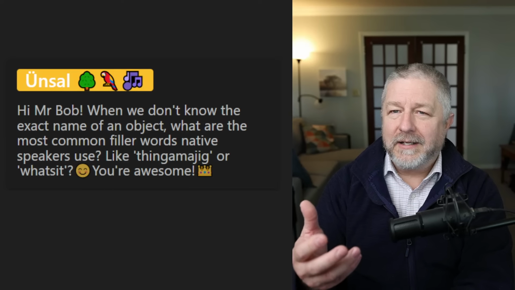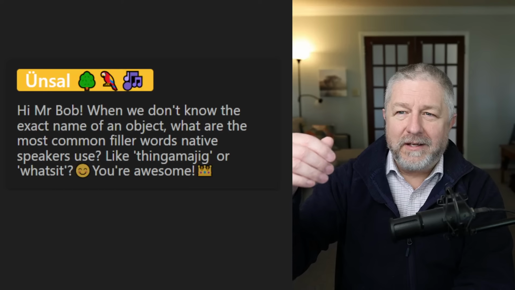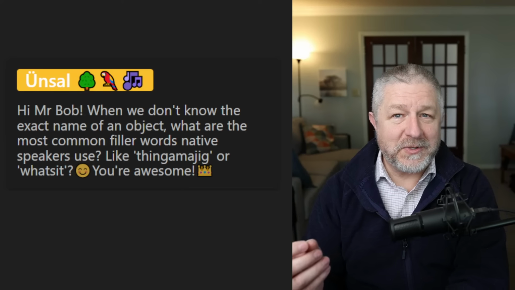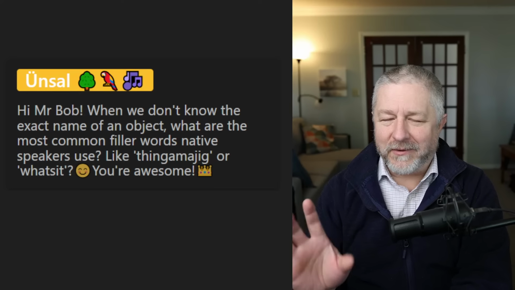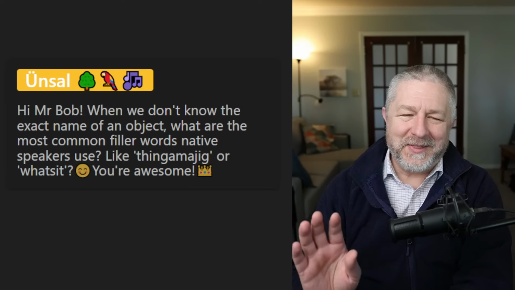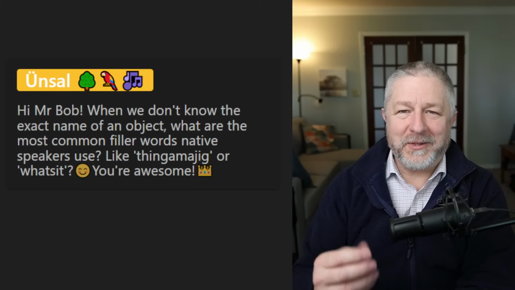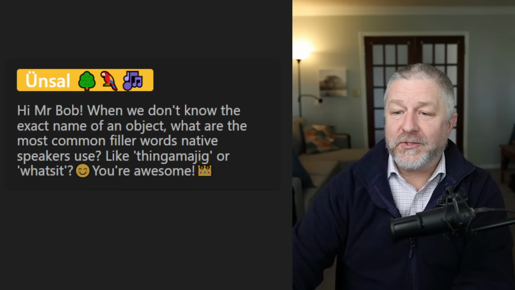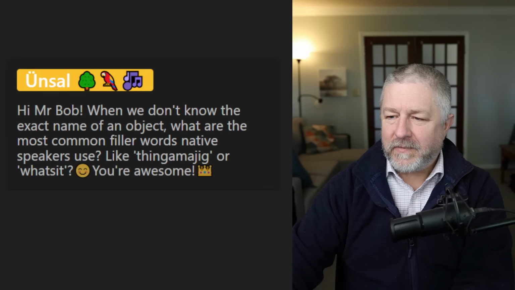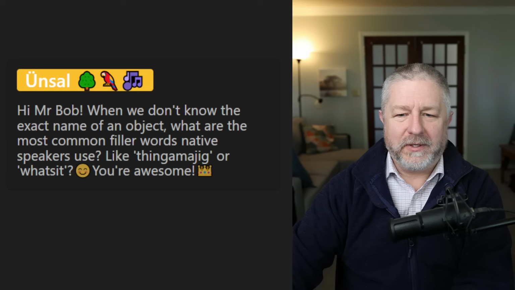Or the thingy that's hanging from the ceiling. So thingy is pretty common. The thingy won't work. It's a funny word, but we do use it. By the way, the thing that makes your car stop, that's called the brakes. I think everyone knows that one. But yeah, thingamajig and what's it are also common. You could use those. But thingy, yeah, there we go.